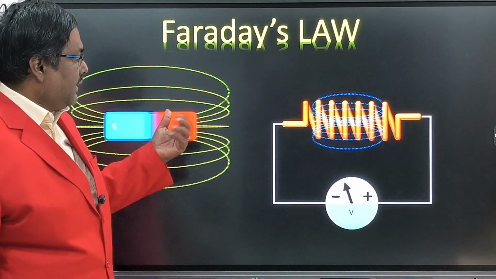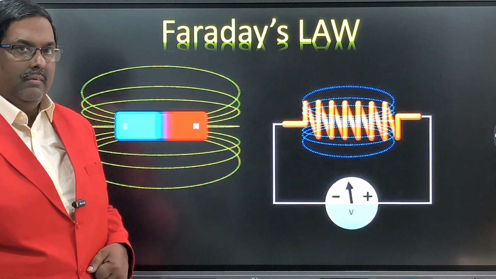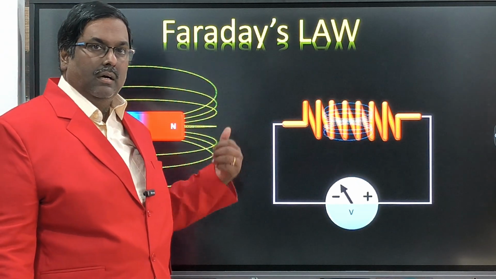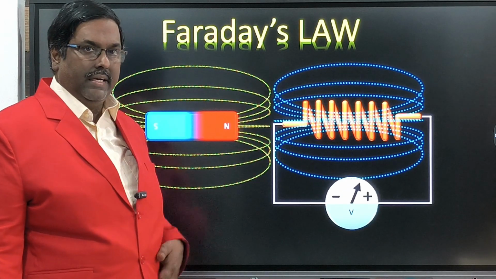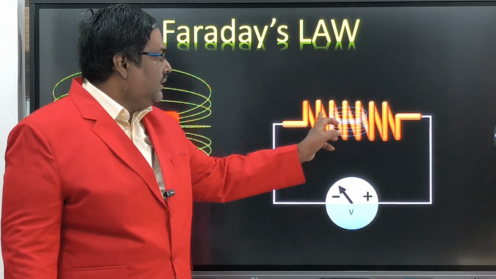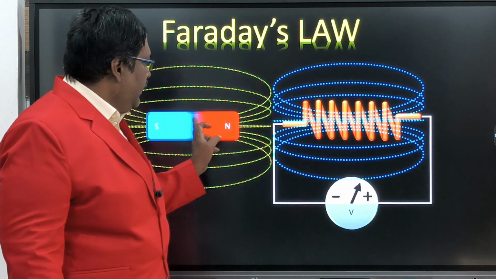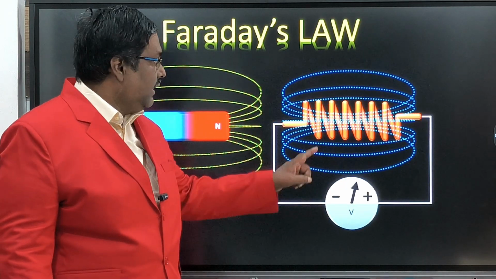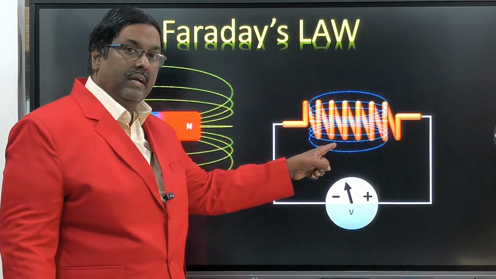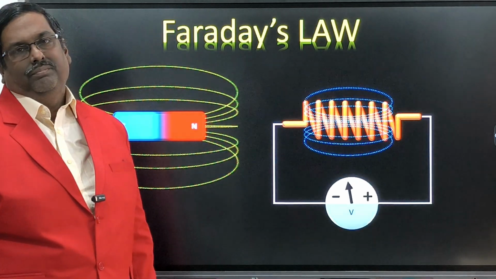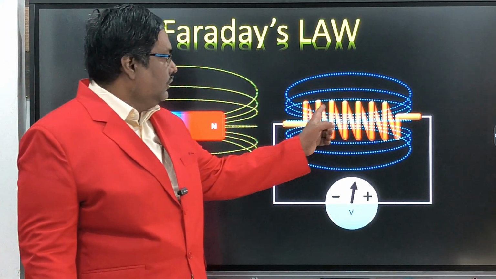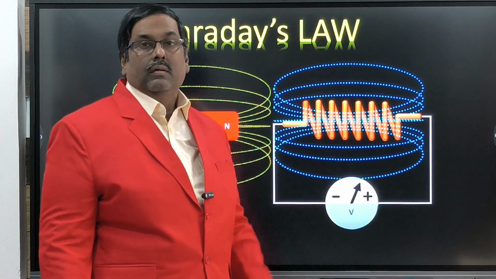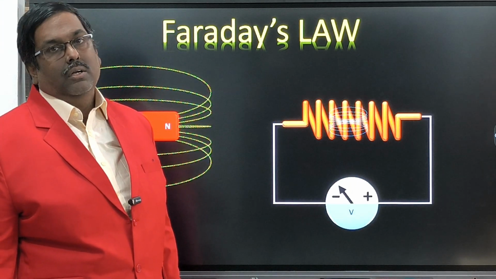But now the Lenz's law theory. Initially Faraday's law was invented, but after that Lenz's law states there is a direction. If you are going closer, EMF is induced, and not only that, one more magnetic flux is also being created around the coil, because we are using this EMF for the load.